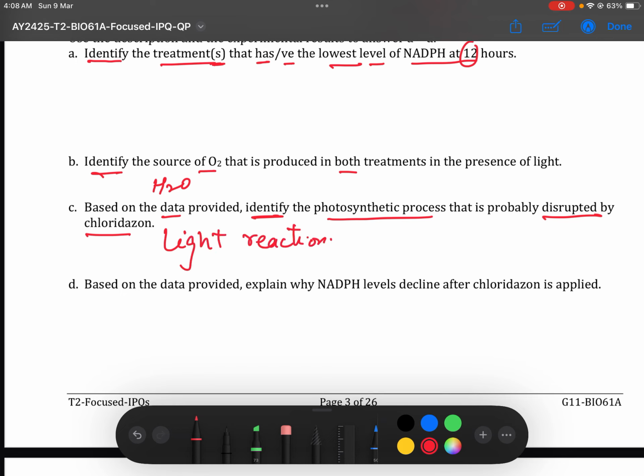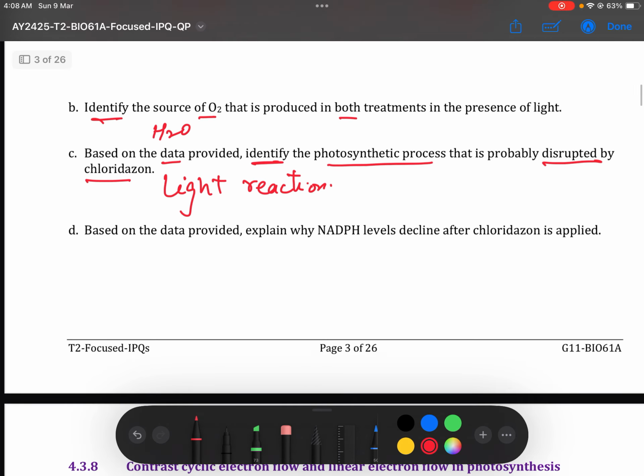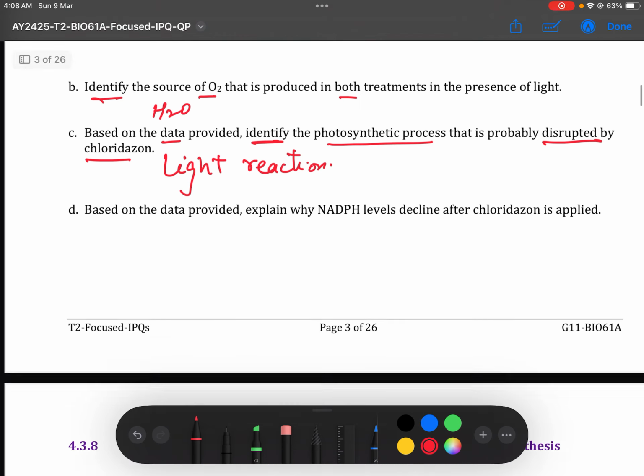You can use alternative names, for example light dependent reaction, or we learned about it as the Z scheme. Or you can say photophosphorylation, but make sure you say linear photophosphorylation because we are talking about the light and NADPH source.